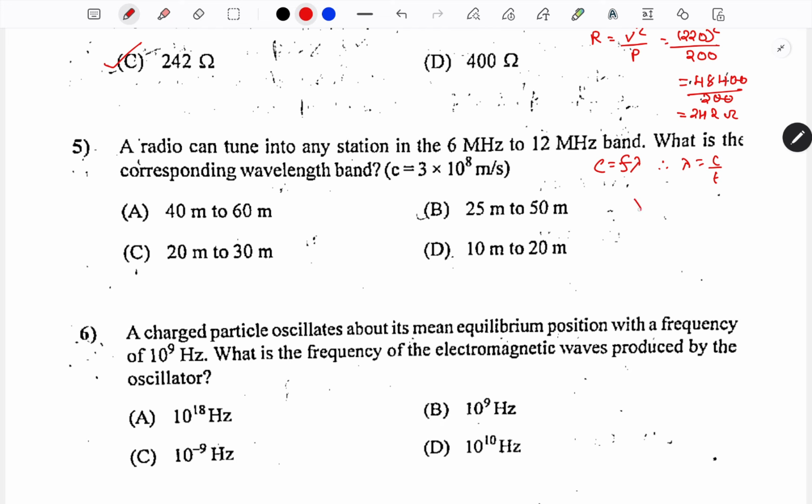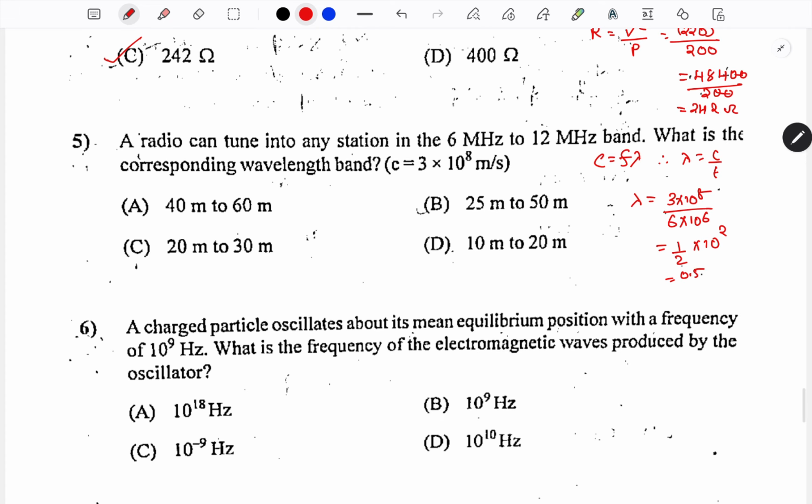Let's say lambda is equal to C, 3 into 10 to the power 8, divided by 6 into 10 to the power 6, megahertz meaning 6. So the answer will be 3 divided by 6, meaning 1 by 2, into 10 to the power 2. 1 by 2 is equal to 0.5, so 0.5 into 10 to the power 2 means 50 meter.